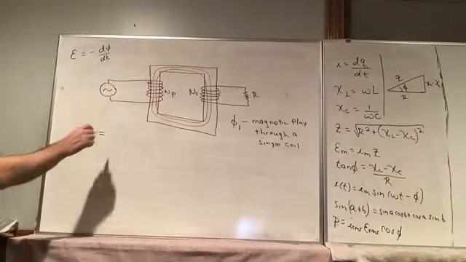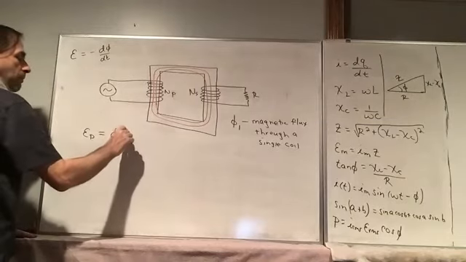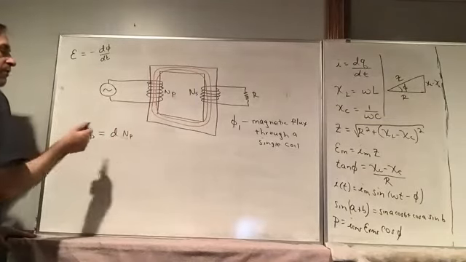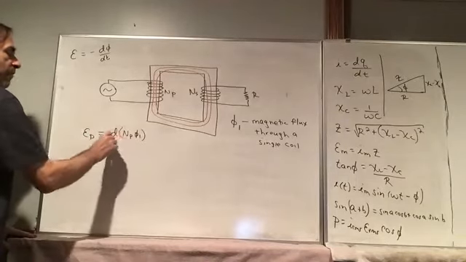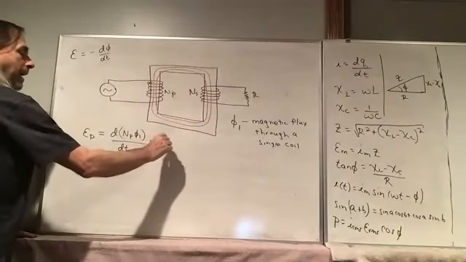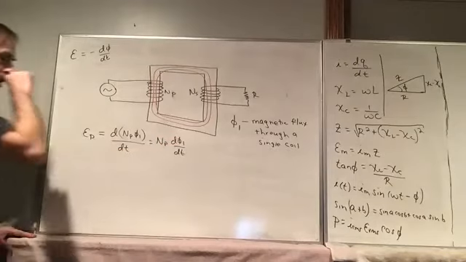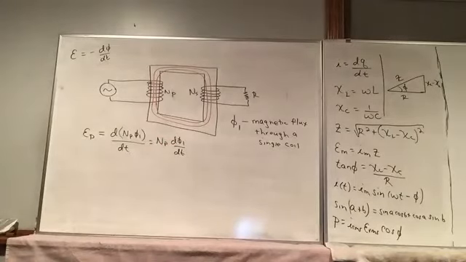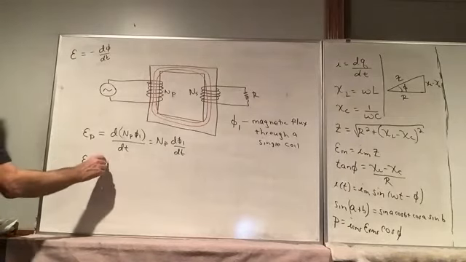The flux through the primary coil is the number of turns in the primary coil times the flux through a single coil. We can take the NP out, so we have d phi 1 dt. And in the secondary coil, it's kind of the same thing.